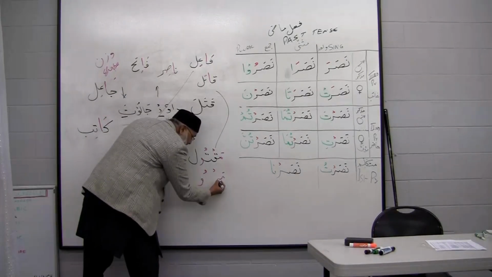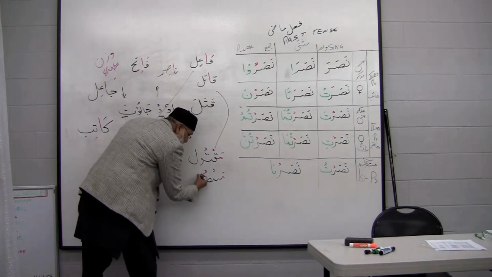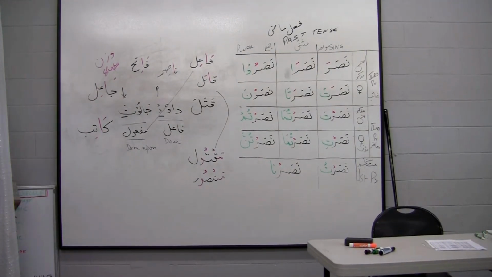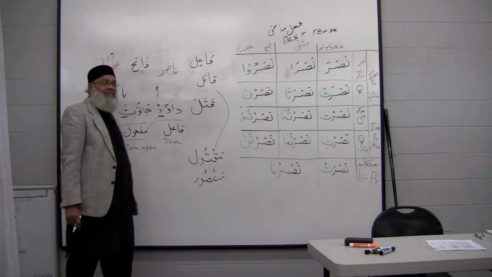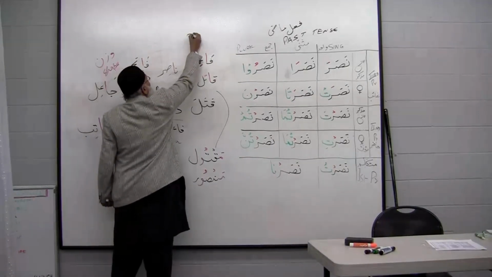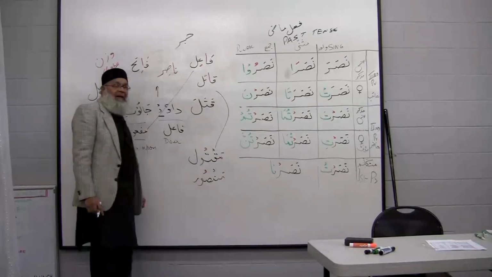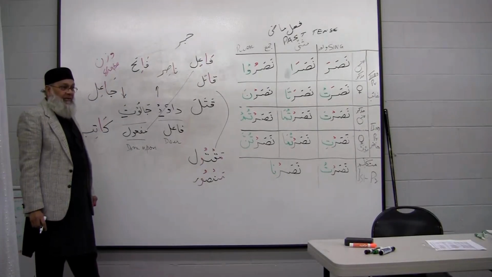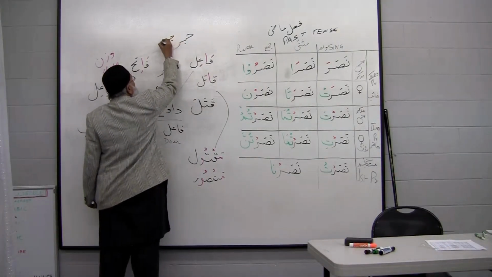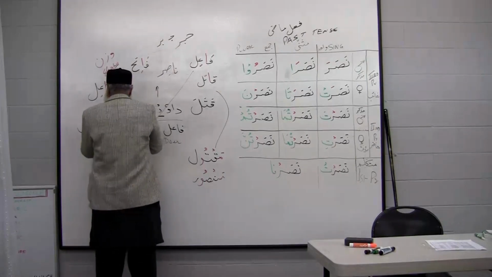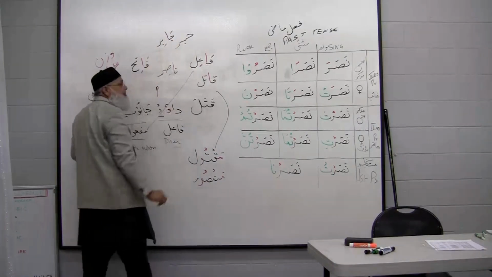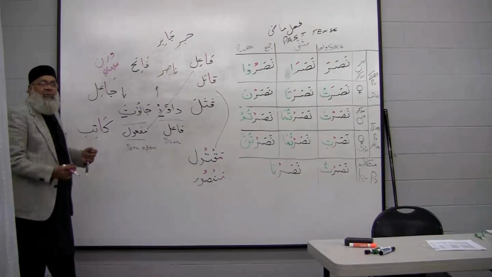Fill in the blanks. Mansur. Jabr means to compel. Jabir is the compeller. Jabr is to compel, to force, and Jabir is the one who forces, and majboor is the forced.